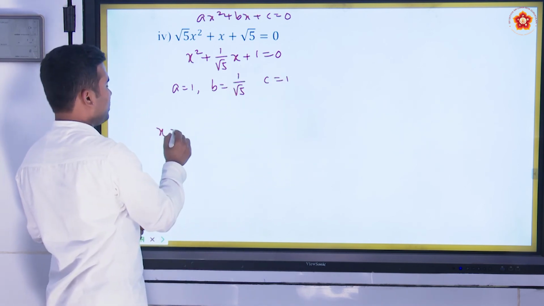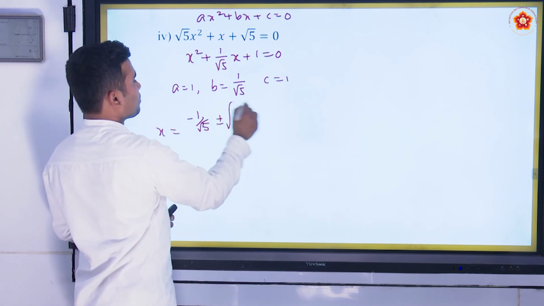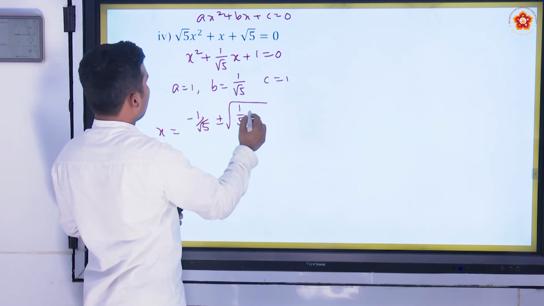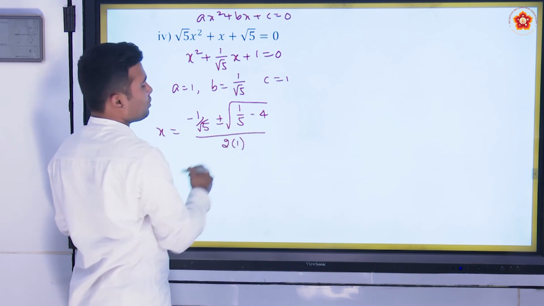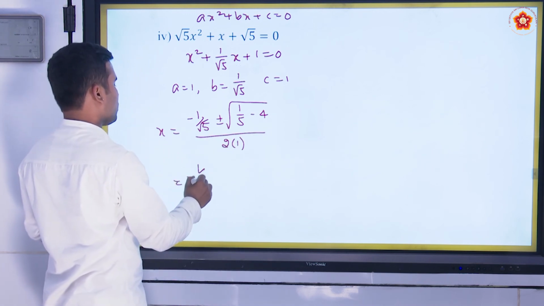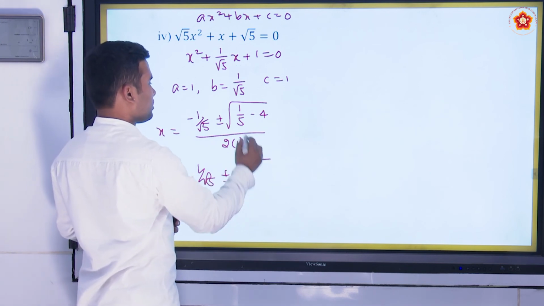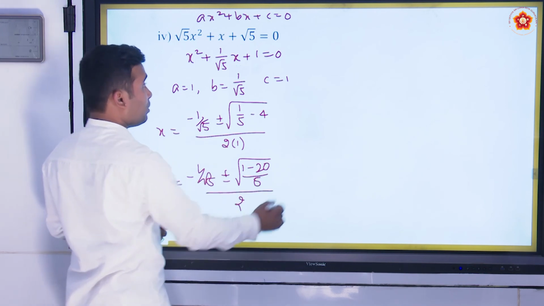So, what is x then? x is equal to minus 1 by root 5 plus or minus square root of 1 by 5 minus 4ac, 4, divided by 2a, 2 into 1, which is equal to minus 1 by root 5 plus or minus square root of 1 minus 5, 4 fives are 20, by 5, whole divided by 2.